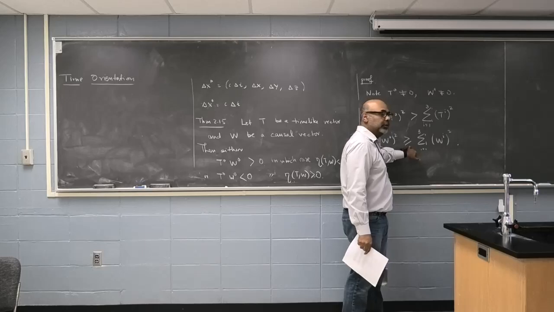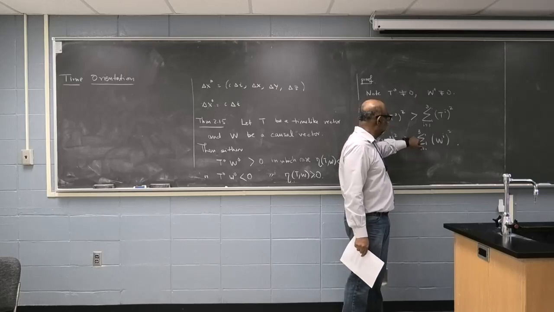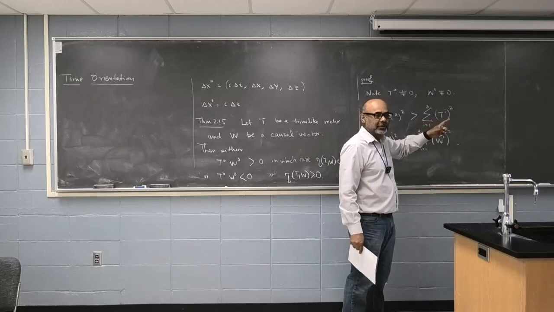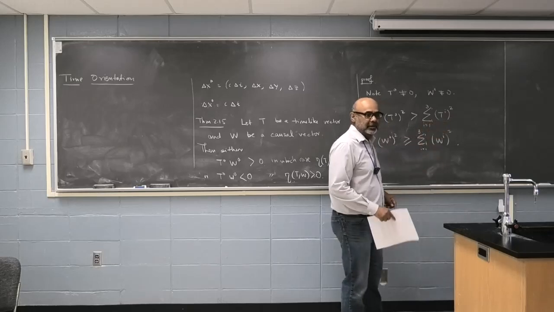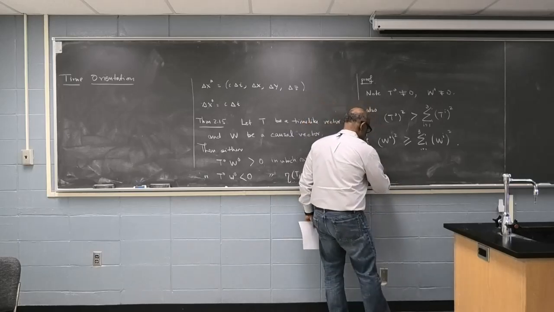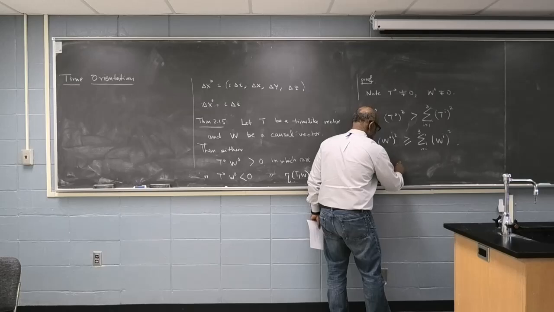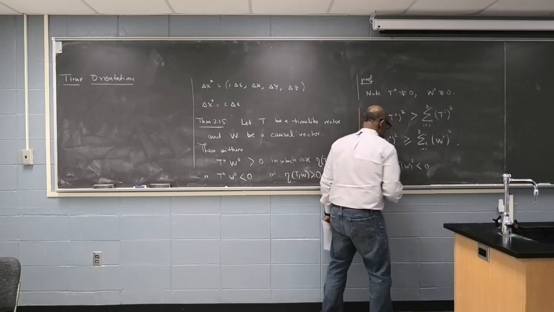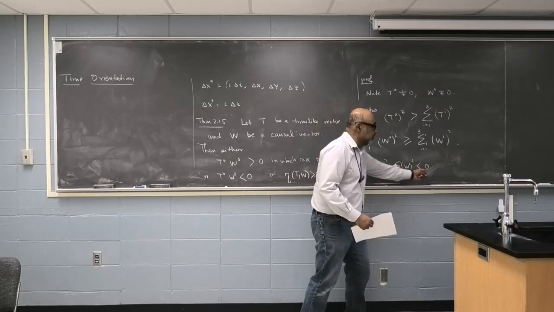If it's equal to, it would be null. If it's less than, it would be space-like. You just write it out. Let me just scribble and erase. Take this and bring it over there.